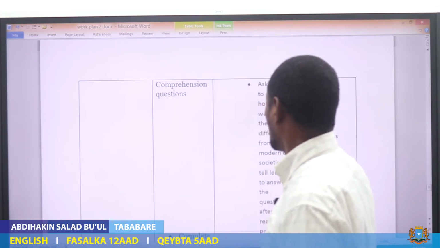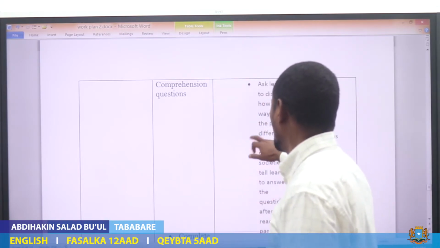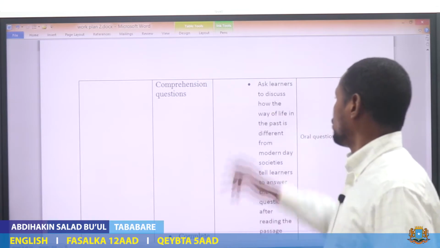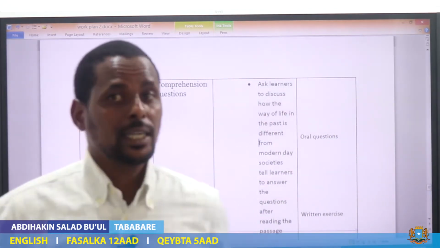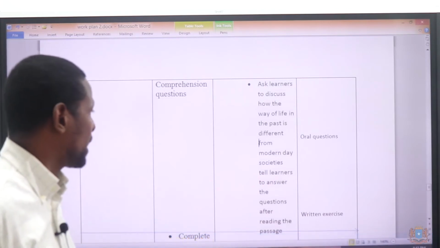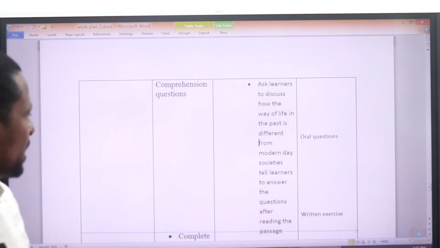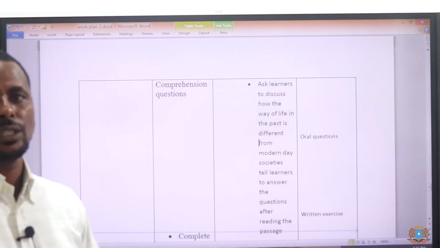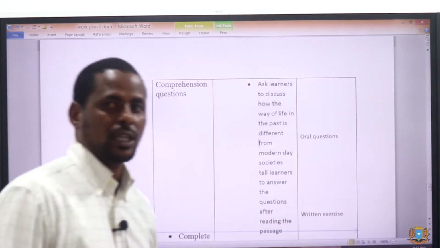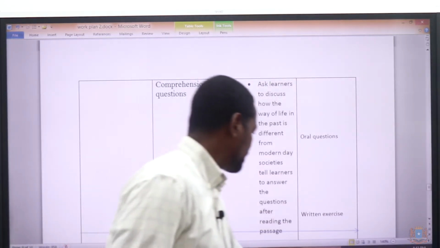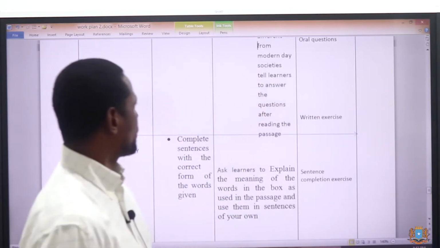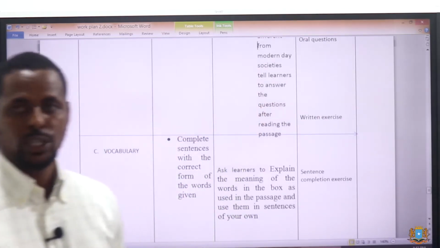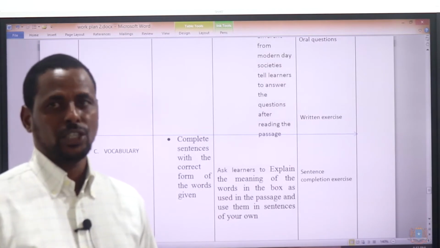Ask learners to discuss how the way of life in the past is different from the modern day societies. Tell learners to answer the questions after reading the passage.